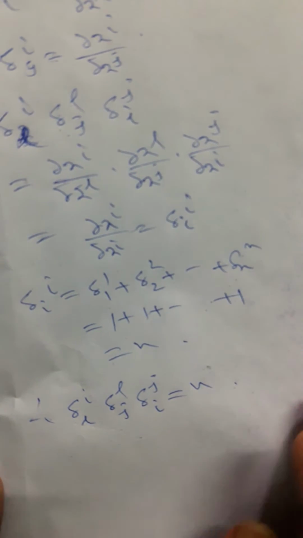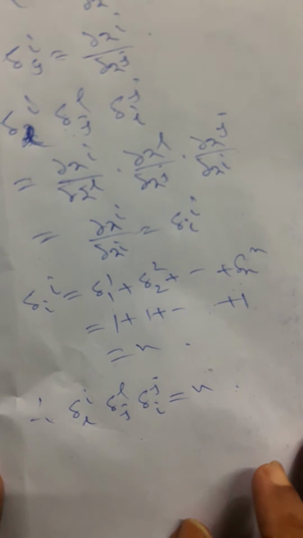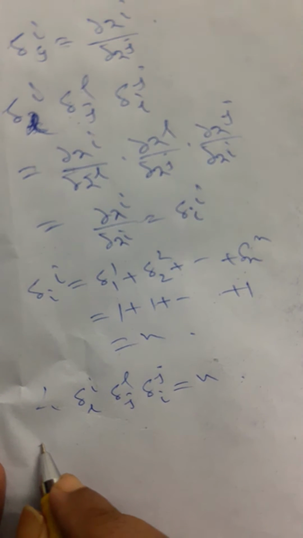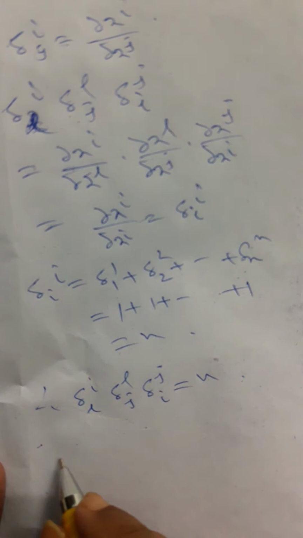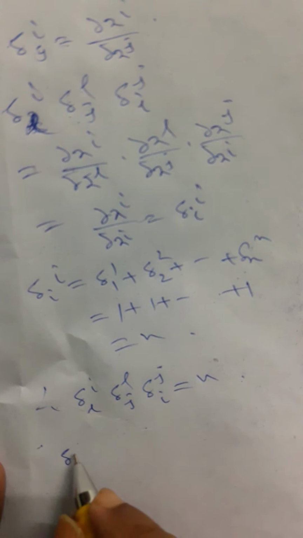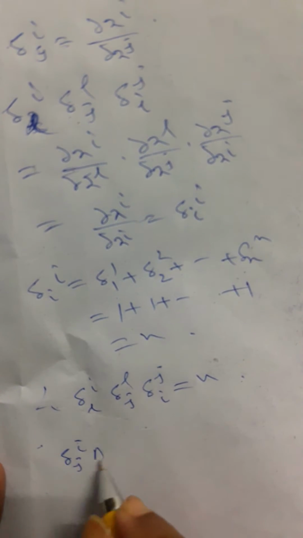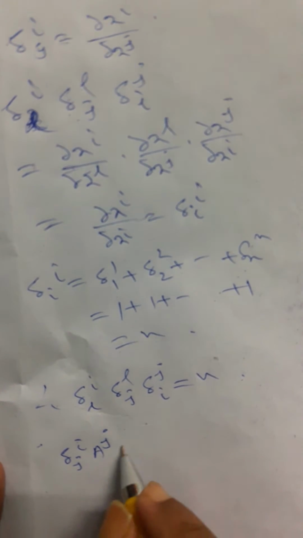Now, a very important problem for the use of the Kronecker delta is delta_ij a_j. What will be its value?